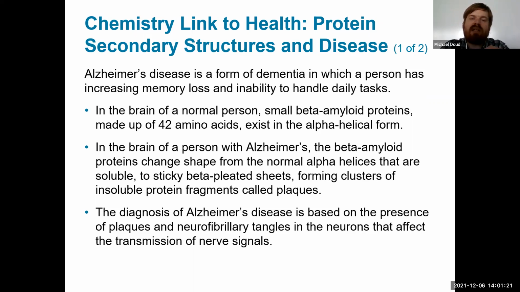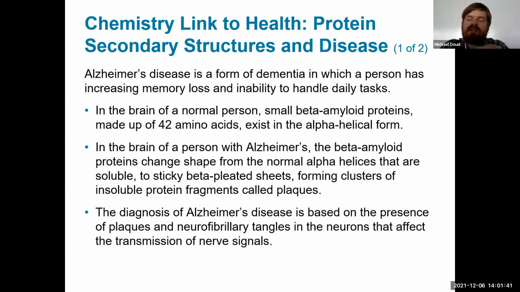What happens is, in a normal brain, these beta amyloid proteins, made up of about 42 amino acids, have an alpha helical shape. In someone with Alzheimer's, these beta amyloid proteins seem to change shape.